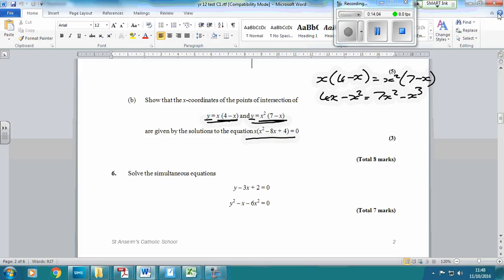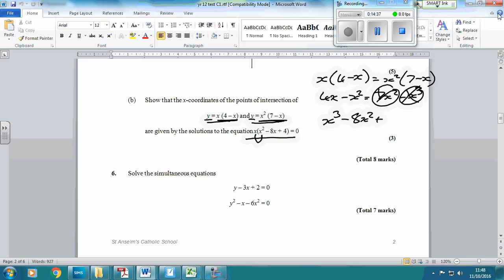Now, let's get everything on one side. If we multiplied out this set of brackets here, which we don't need to, that will give us x cubed, so we want a positive x cubed. Because we've got a negative x cubed here, we're going to get everything onto this side and set it equal to 0. And if we do that, that's going to be positive x cubed when we get rid of that. Then we're going to take away this, that's going to be minus 7x squared. So you've got minus x squared minus another 7x squared, so that's going to be minus 8x squared.